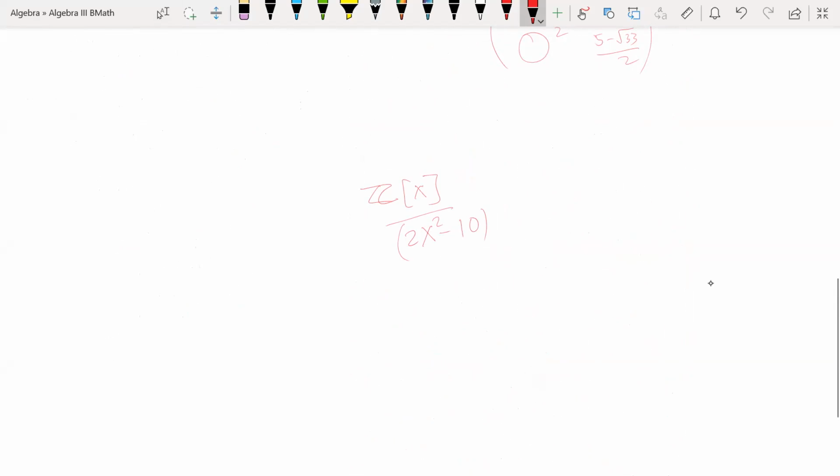Okay, so first of all, this is 2 times x square minus 5. Yes, sorry, x square minus 5. So it looks like this will be the case, every non-zero prime ideal.